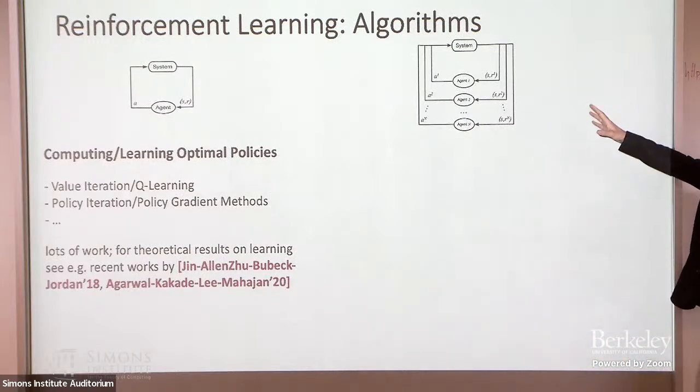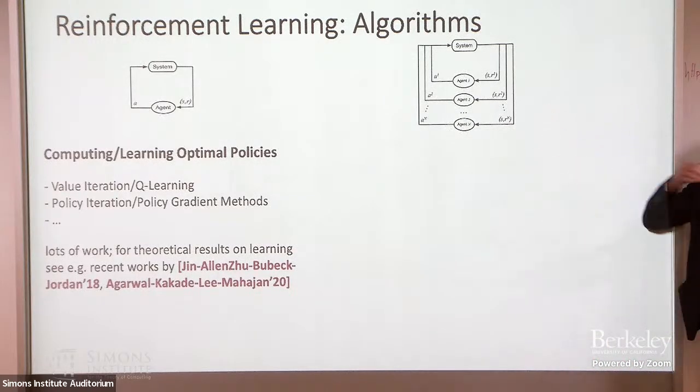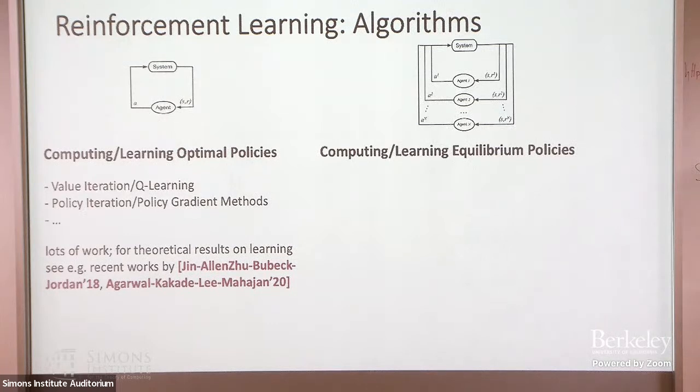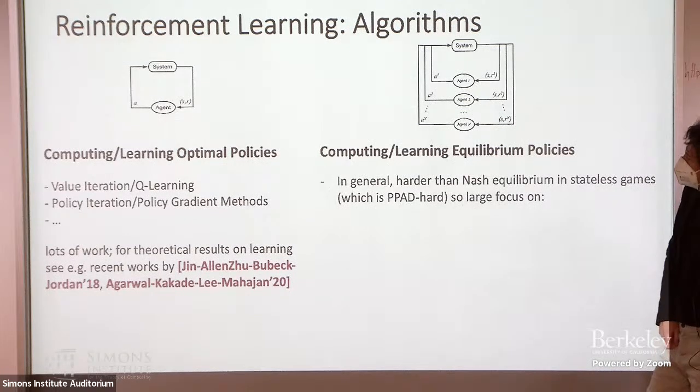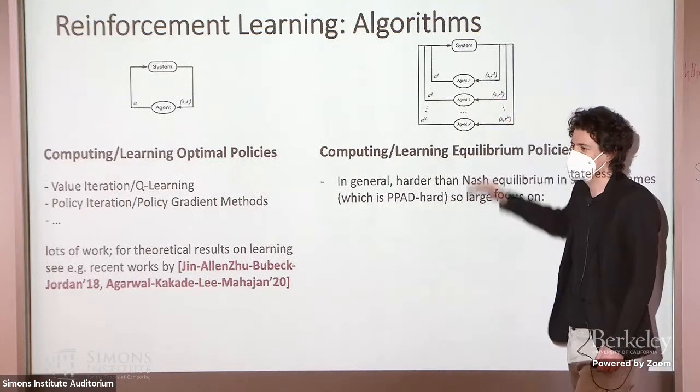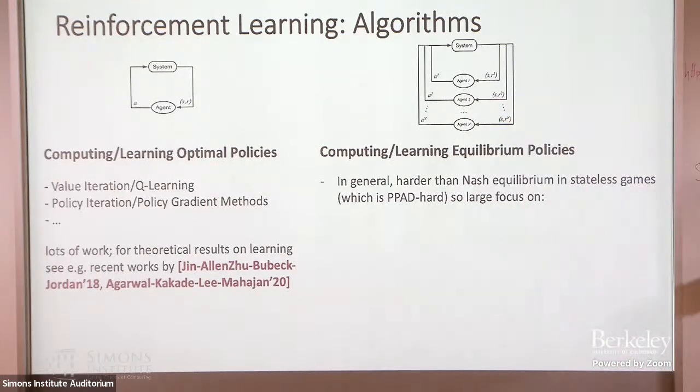I'm also not going to dive too much on the right-hand side because Jean is giving another tutorial on multi-agent RL. But I just want to make a few remarks. First of all, the problem that I'm targeting here is at least as hard as Nash equilibria in general sum games, which are PPAD complete.